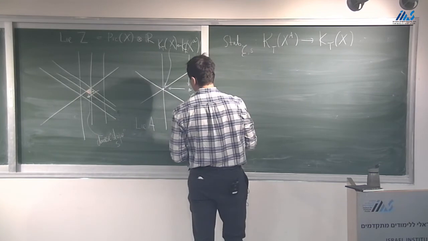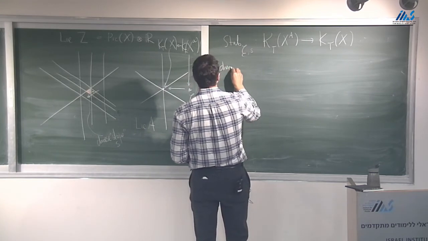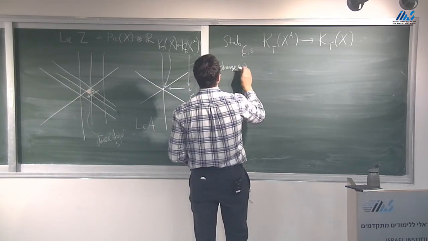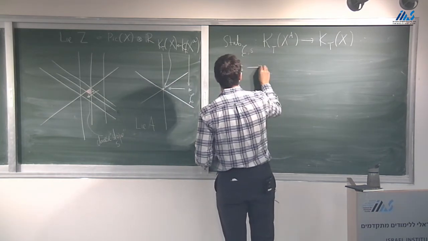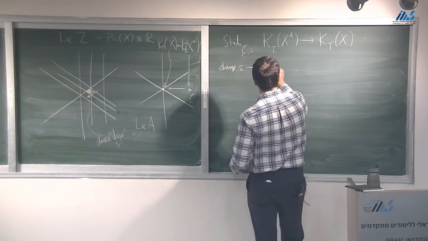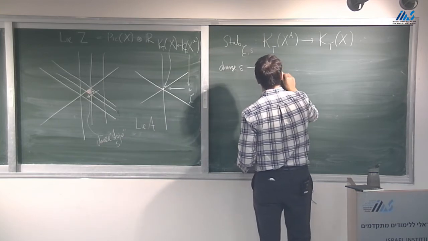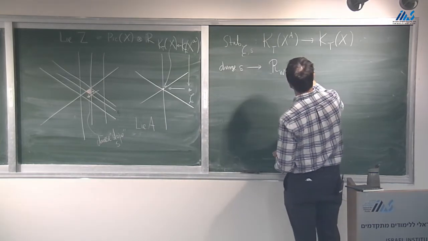So change the slope, change S. We get something which we call the wall R matrix, R wall. This is the wall R matrix.